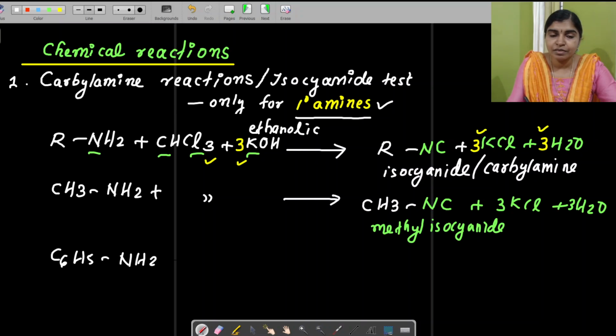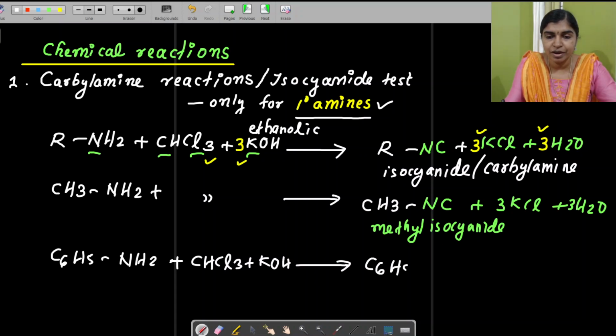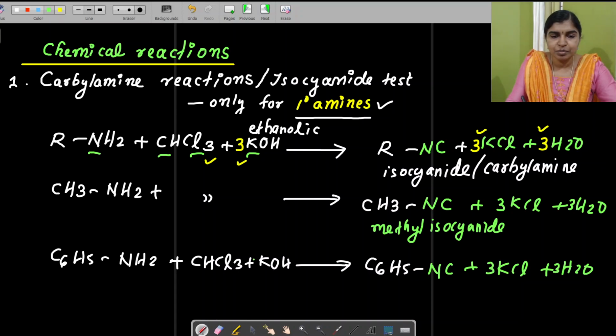Then when it reacts with chloroform CHCl3 and KOH, can you predict the product? Yes, that becomes C6H5 and then NC, that is isocyanide. So that is phenyl isocyanide with byproducts KCl and H2O. And also you can balance the equation like this: 3H2O, 3KCl, and here it becomes 3KOH. So that is the reaction.